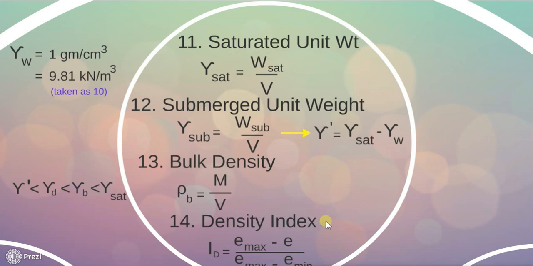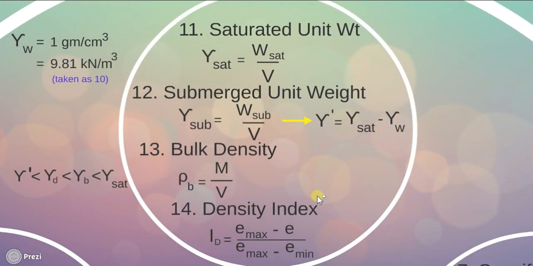Last index property, density index. Density index is defined as E maximum minus E upon E maximum minus E minimum. Density index is denoted by I and in suffix capital D. Now question is, what is E max, what is E and what is E minimum?